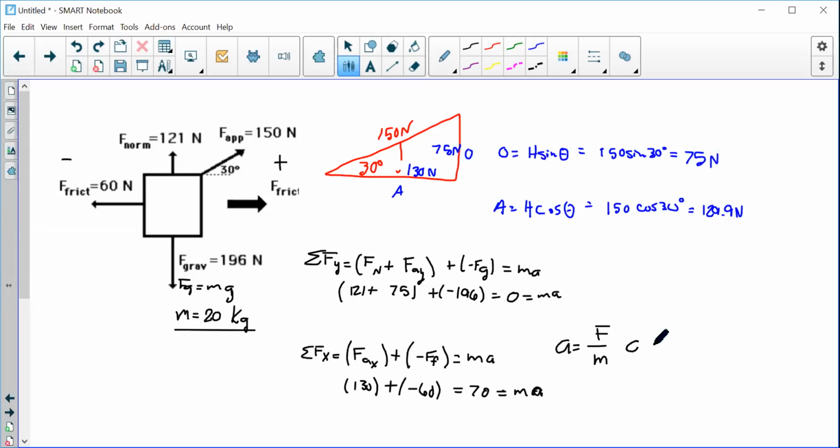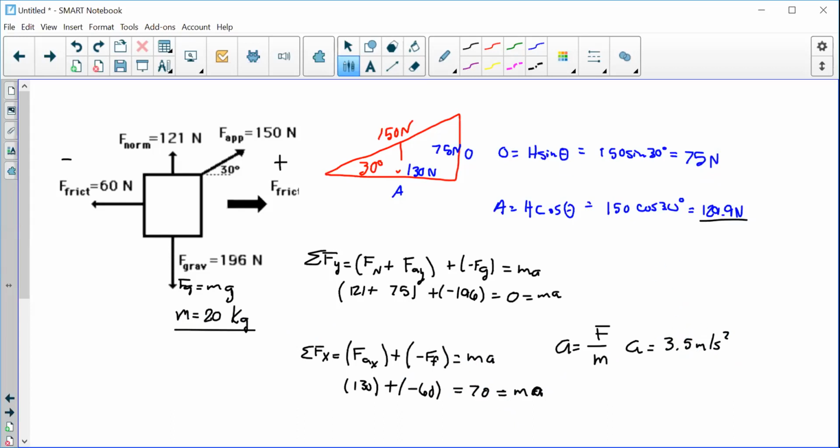Would it be 3.5? It would be 3.5. 7 divided by 2 is 3.5, and we just added zeros there. So that's still going to come out to be 3.5 meters per second squared. So this is the answer we've gotten. That is going to move with a net force of about 70. Technically, if you remember, we rounded up, so it's 69.9, and the answer here is essentially still going to be the same.